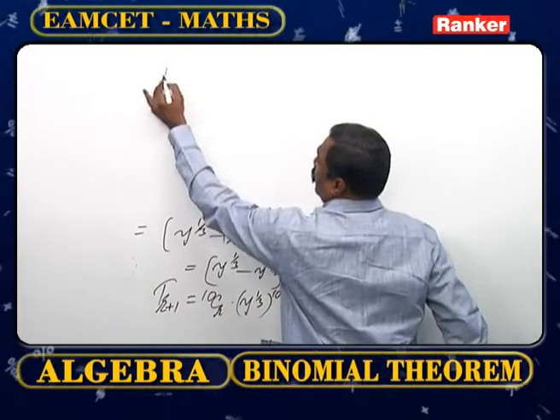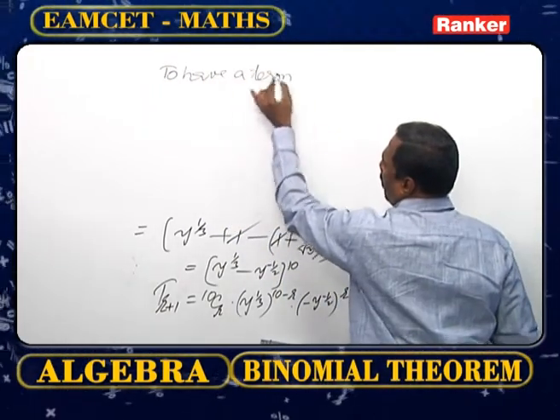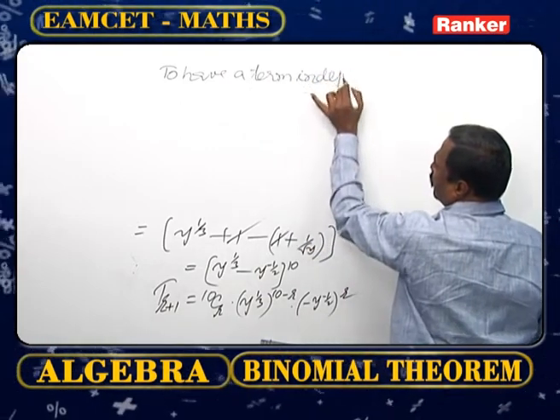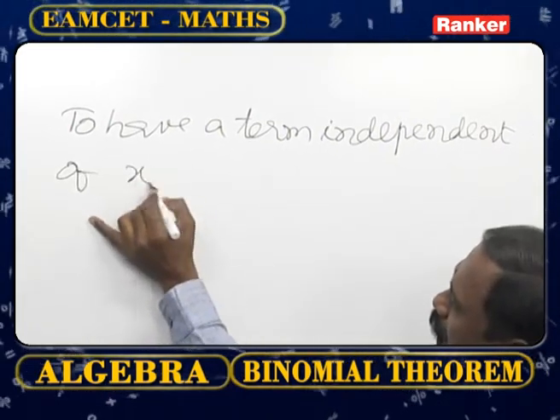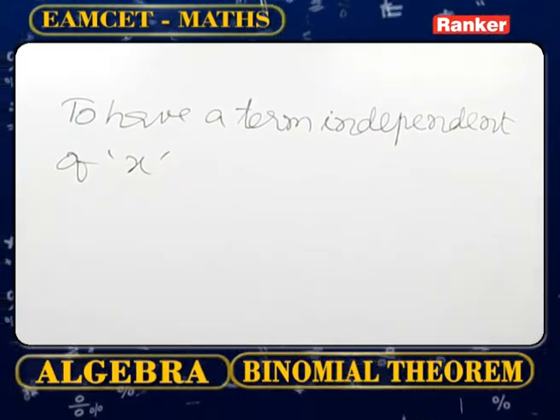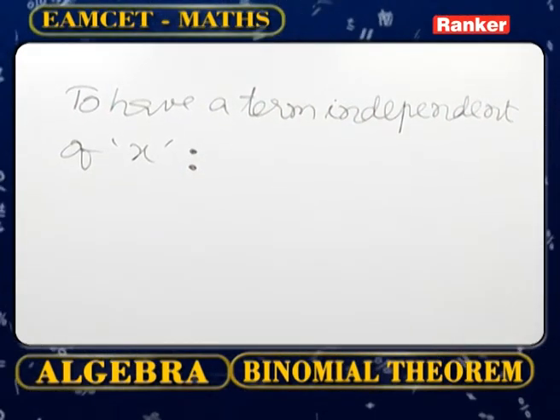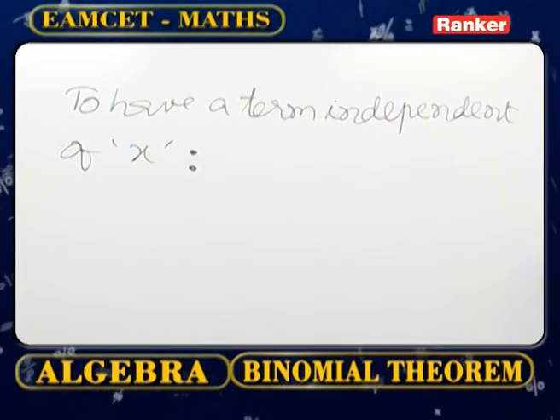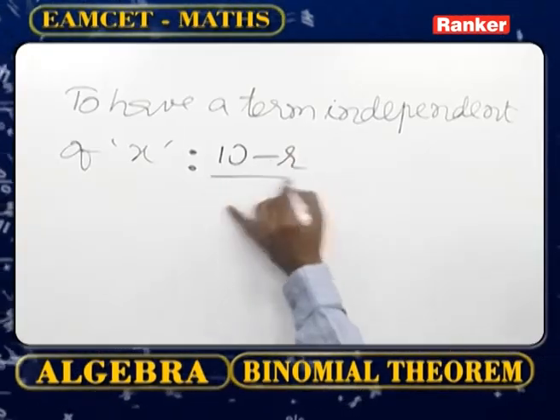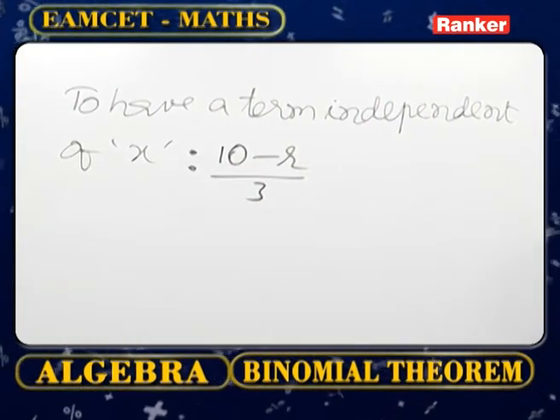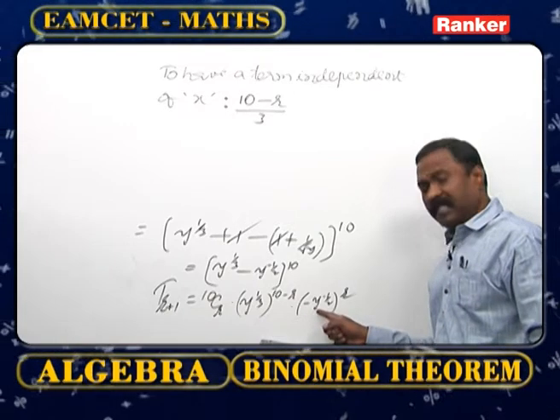So, to have a term independent of x, let me write for your better understanding. It is 10 minus r upon 3, in the numerator.